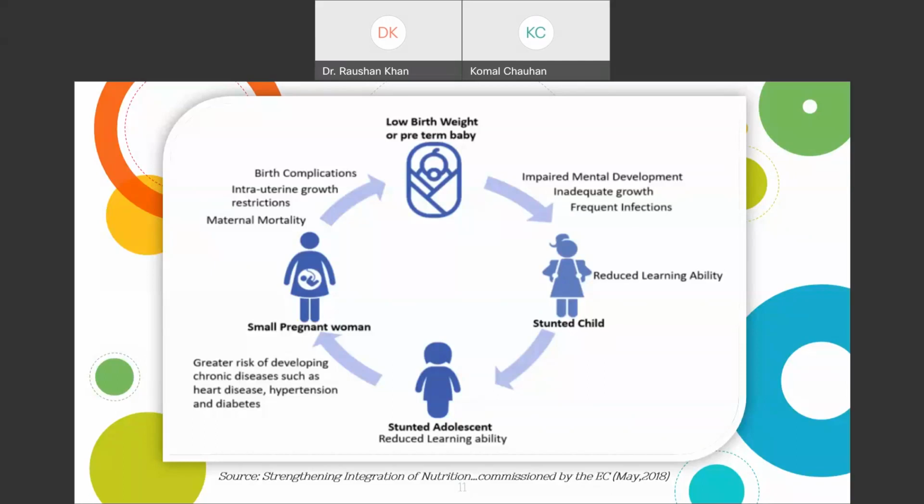So this is a cycle which is telling us that if we have a low birth weight baby, or a preterm baby, we have to take proper care of the nutrition of that baby, and proper care of diet and diseases for that baby, so that the baby will grow into a healthy individual.